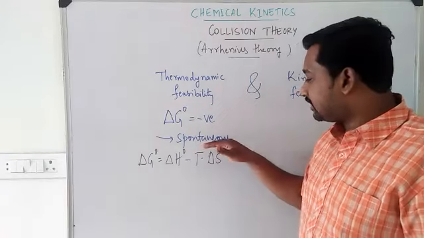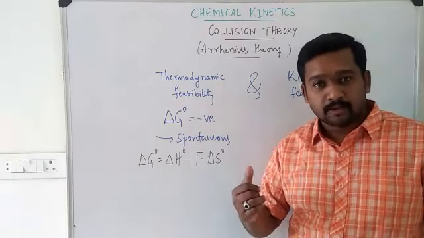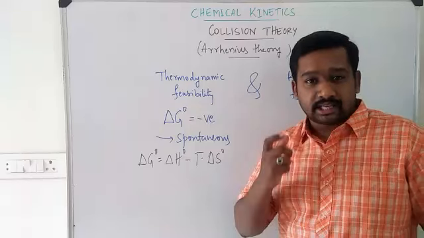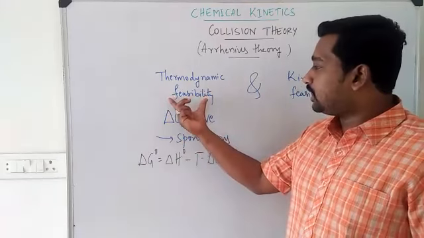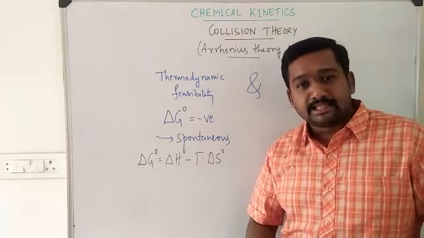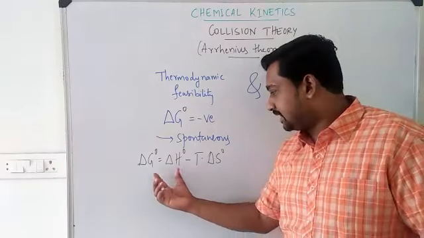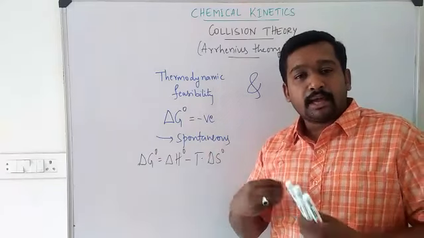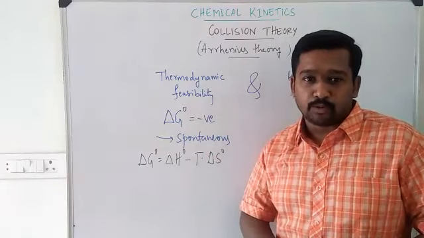Based on that, we can say whether the reaction is spontaneous or not. And this discussion gives us an idea about thermodynamic feasibility of the reaction. So, if we get the answer for a particular reaction as delta G naught negative, we may conclude that it will happen on its own.